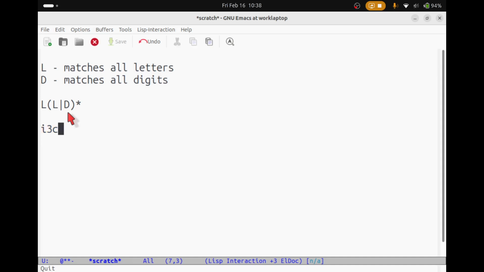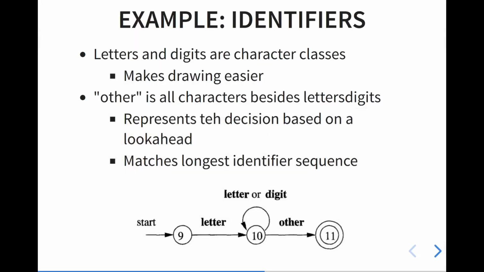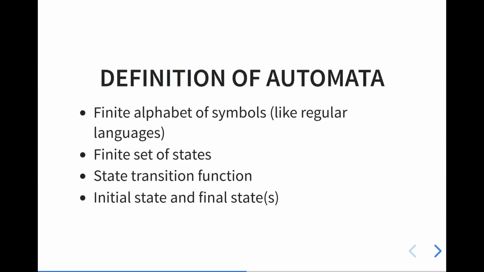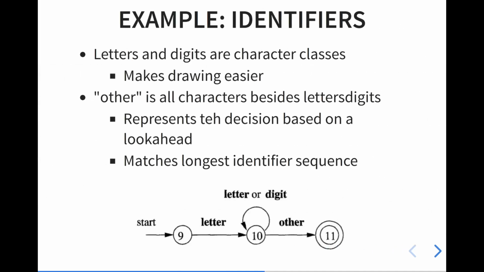So do all of these diagrams have to have an accepting state? At least definitionally, for automata, there is a final state that's an accepting state. Now that doesn't mean that it can't recognize infinite sequences of things.